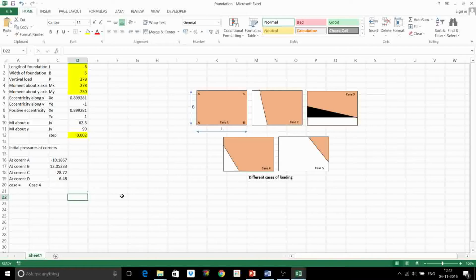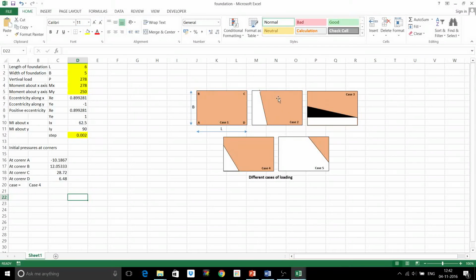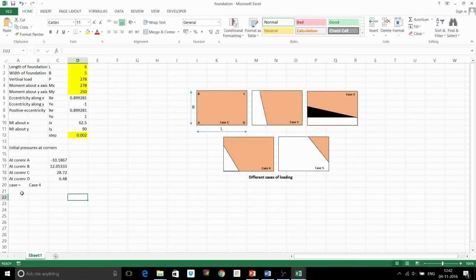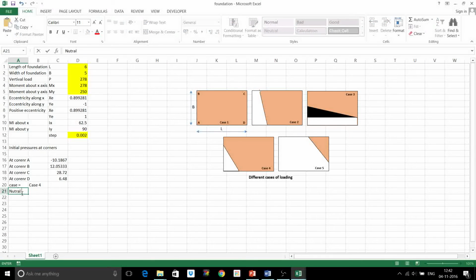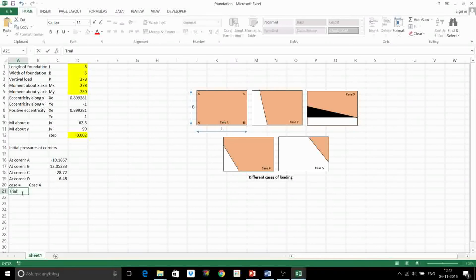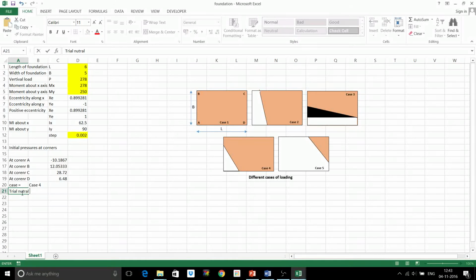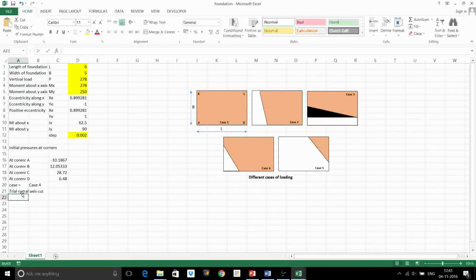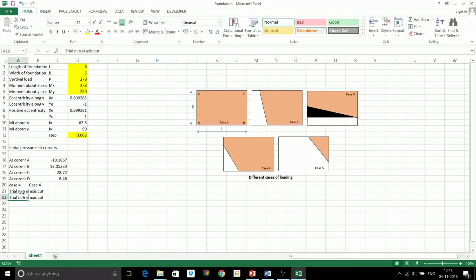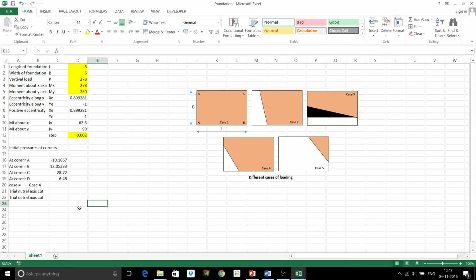So for different cases our neutral axis cuts different edges of the foundation. So identify those edges. It's a trial neutral axis. Trial neutral axis cuts two sides of the base.